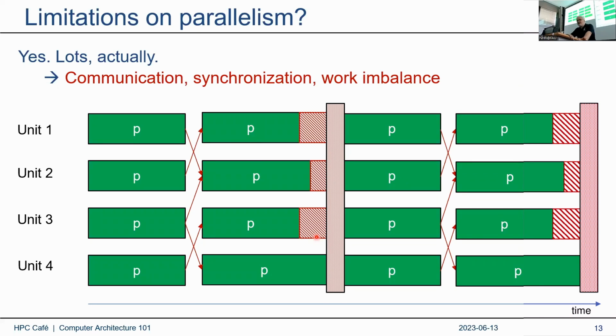So communication overhead, synchronization overhead, and work imbalance are things that limit the possible parallelism in your code. And it means that S(n) is usually smaller than n. And now, of course, if you scale the resources, you might want to observe how the overhead for all these things scales with the resources. There are some overheads, like synchronization overhead, that go up with the amount of resources.